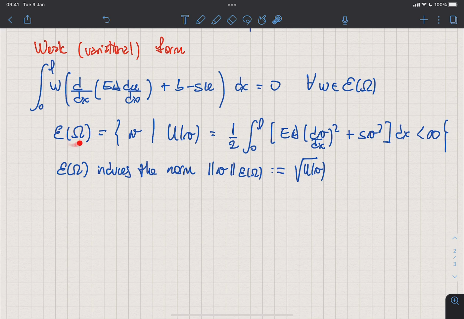Of course, it makes sense to talk about energy only along the bar, because outside the bar there is nothing. So we talk about E of omega. So the energy space is defined as the set of functions V for which the strain energy that I call uppercase U is finite.